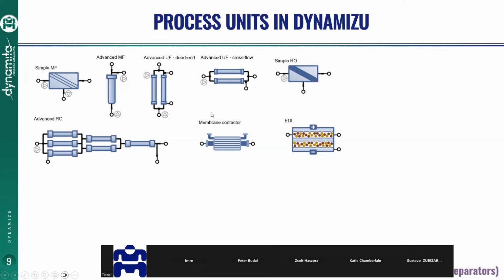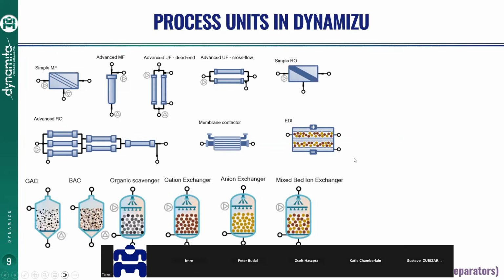We have reverse osmosis models, simple and advanced, membrane contactors, and EDI. We also have granular activated carbon, biologically activated carbon for TOC removal and TOC degradation. We have organic scavengers, ion exchangers, single bed and mixed bed application.